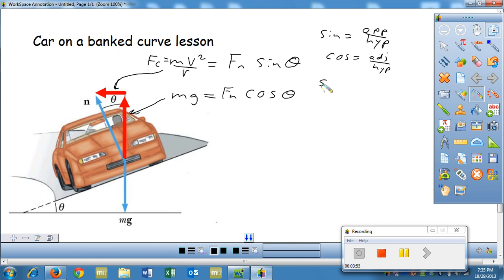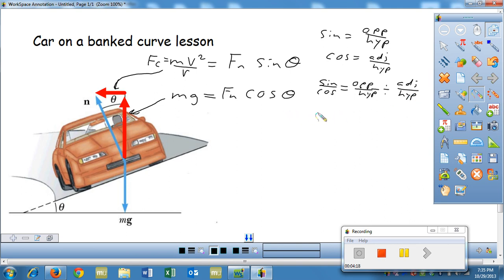So what is the sine over the cosine? Well, that's going to be equal to the sine divided by the cosine. So that's the opposite over the hypotenuse divided by the adjacent over the hypotenuse.